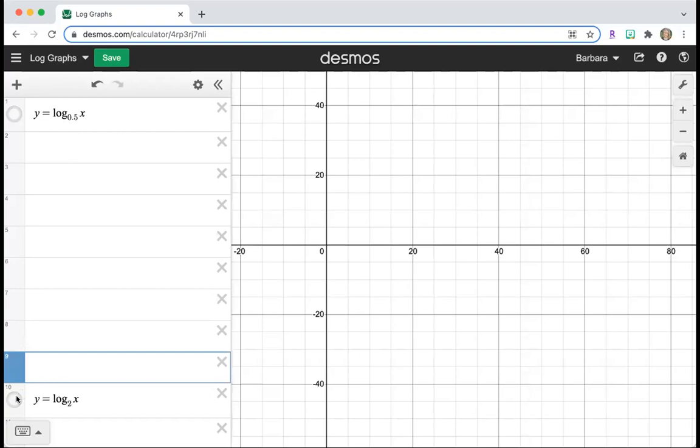All right, so we left off here with our log base 2 of x. Now we have our function log base half of x. And we'll turn this on and see what it looks like. Ooh, it looks pretty different.